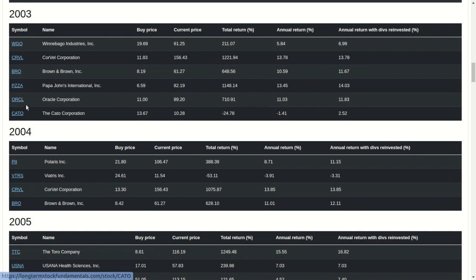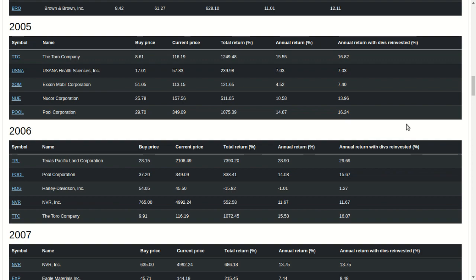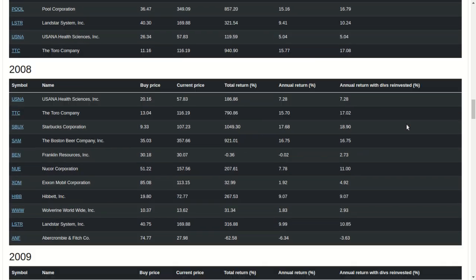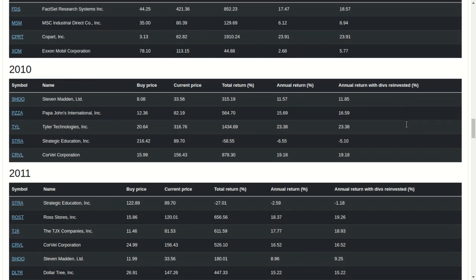So in this Kato company, we only get 2.5% with the dividend reinvestment, and excluding the dividends, we had a negative annual return. If we go down, we surely can find even larger losses here as well.